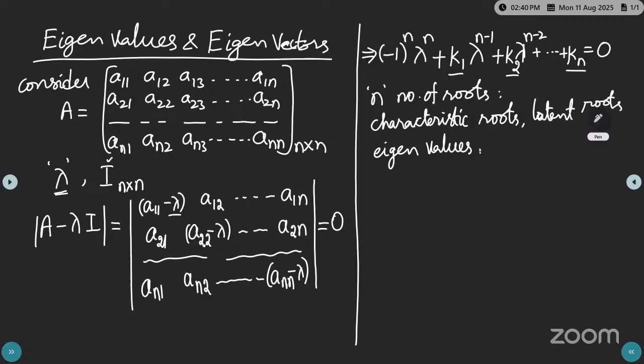So these are the different names we use for the values of lambda found from the above equation. This is equation 1, obtained from that. The roots we get by solving that characteristic equation are called characteristic roots, eigenvalues or latent roots. We also call them characteristic numbers or characteristic values. Write down: or characteristic values.